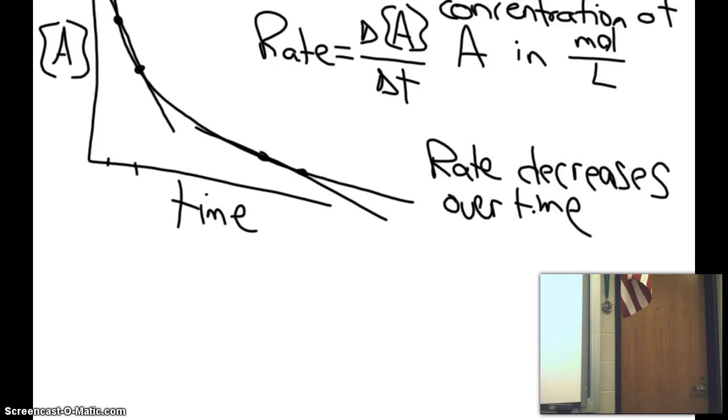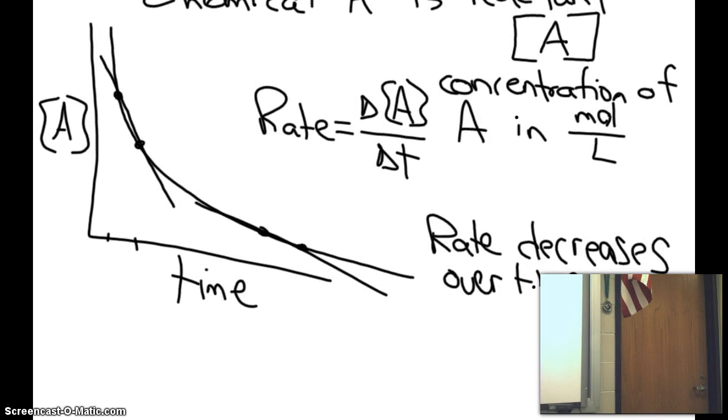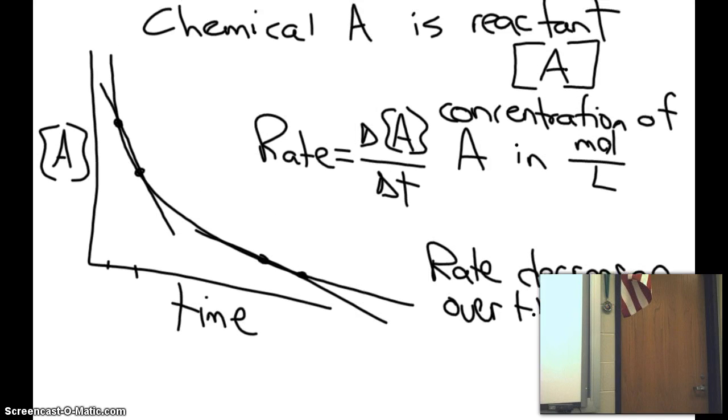That usually bothers people. They don't like the idea that a rate could be negative. So if we are using a reactant like we are here, they will automatically put a minus sign in front of that change. They will say the rate is the opposite sign of the change of A, because if A is dropping, that's going to be a negative slope. It's going to be a negative number, and they don't like that very much.